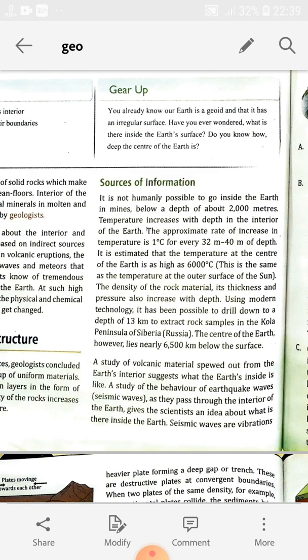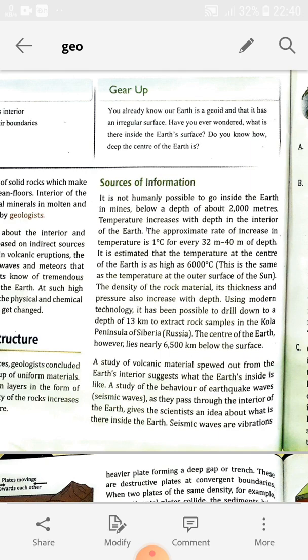So you can think how hot it would be. Temperature also increases as we go downwards: at a depth of 32 to 40 meters, every time 1 degree Celsius is increasing. Approximately the center of the earth is 6000 degrees Celsius.